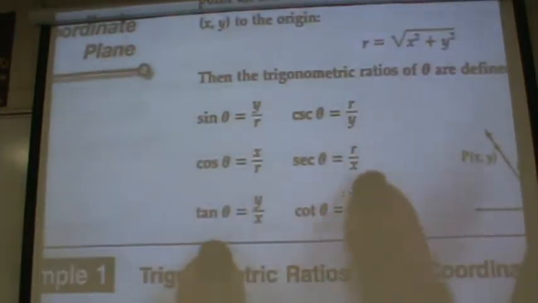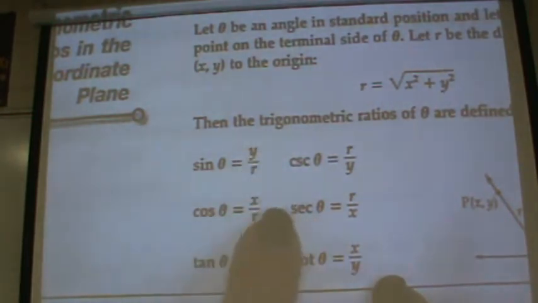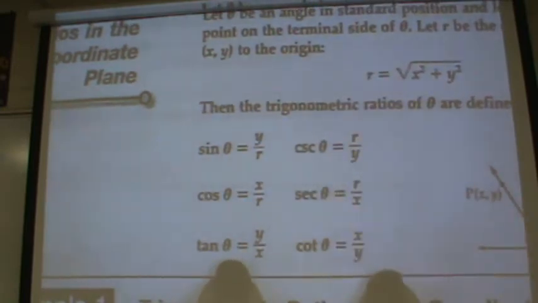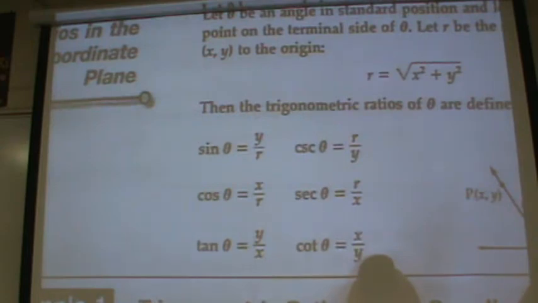And then here are your 3 reciprocal ones. So sine is y over r. Cosine is x over r, and tangent is y over x. And don't forget your 3 reciprocal ones. So cosecant would be r over y, secant would be r over x, and cotangent would be x over y.